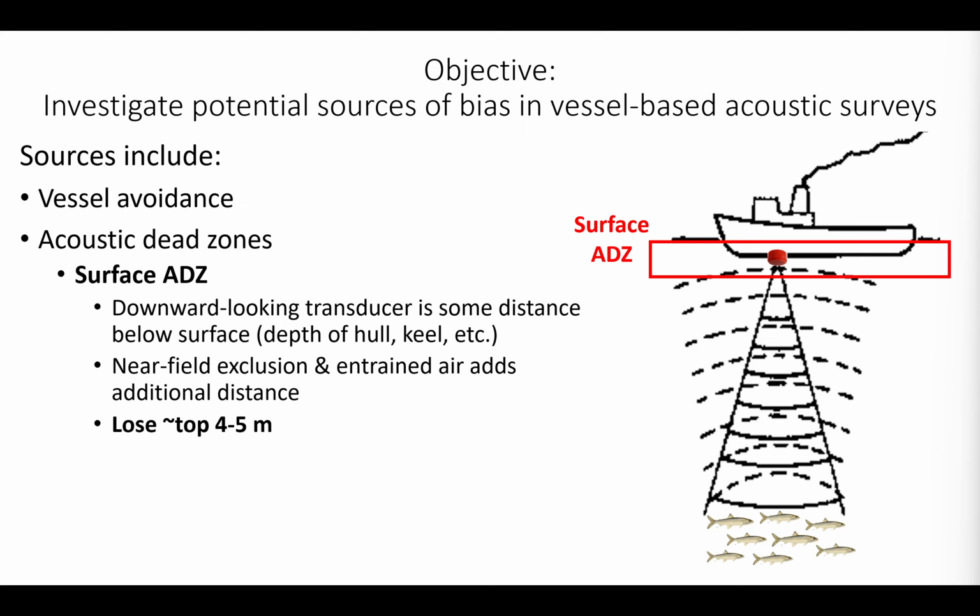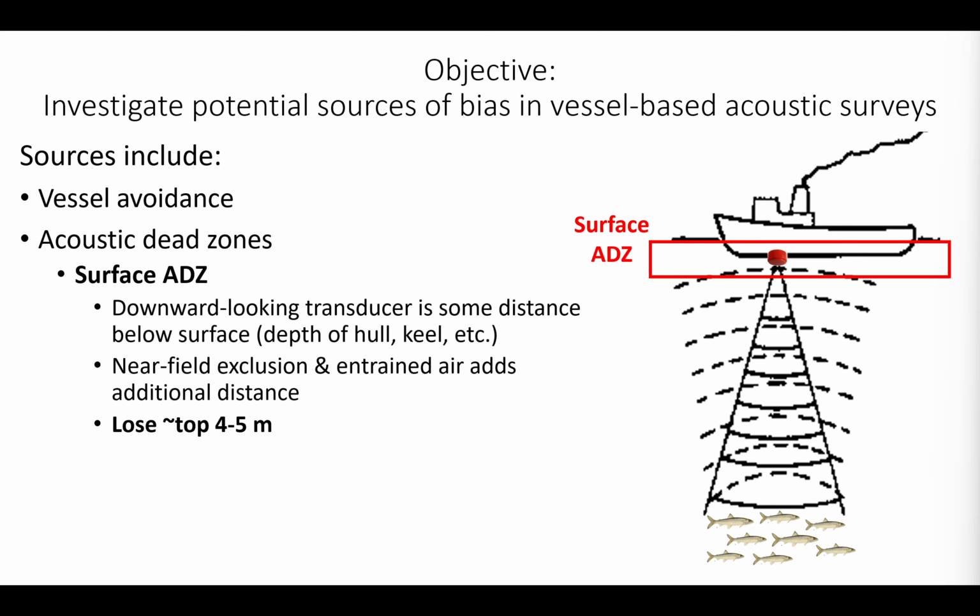The second source of potential bias I'm presenting on today is something we call the surface acoustic dead zone or acoustic blind zone. This is the area just below the surface where we potentially miss fish. This is due to a couple of reasons.